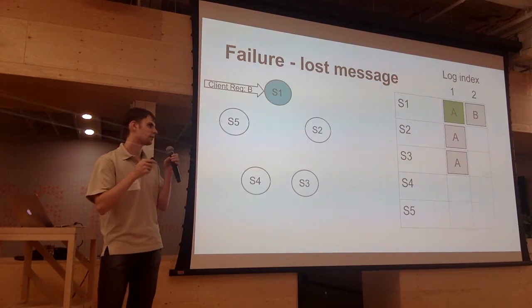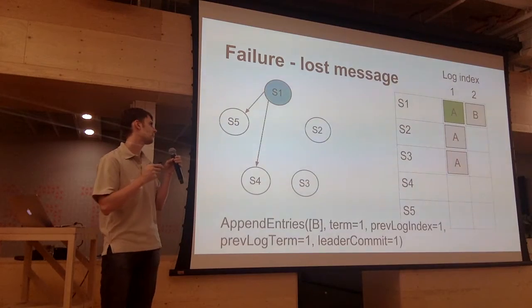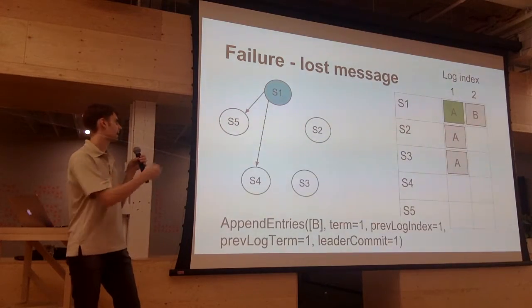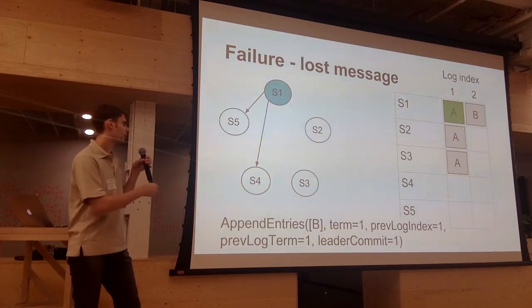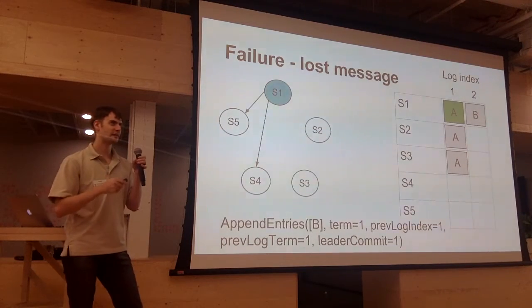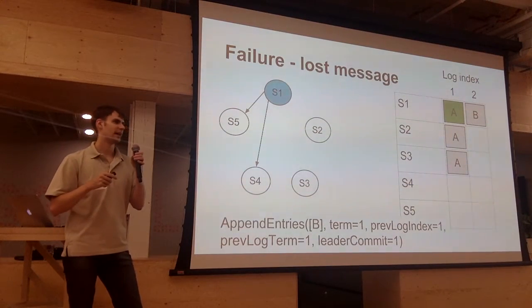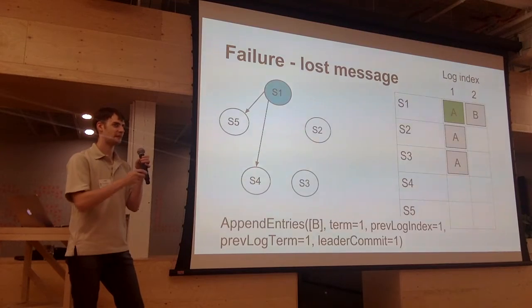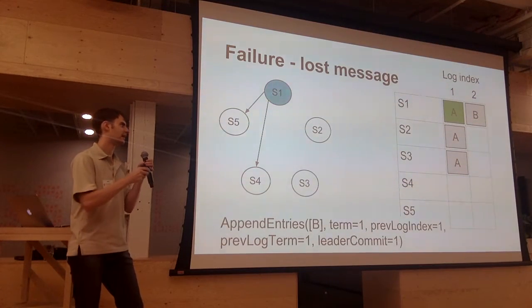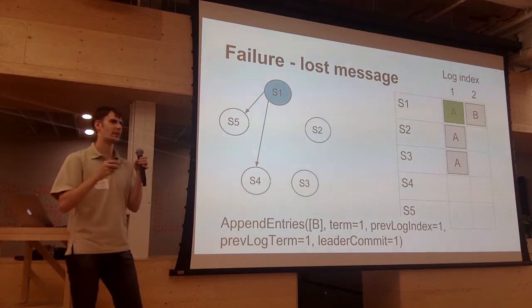Server 1, the leader, will append it to its log, and it will send out a message to all of its followers, and I'll show these ones first. The problem here is that they're getting an append entries request for an entry where they don't have the previous one. So this is the part that I talked about before, where you have to match your log against what the leader is telling you.